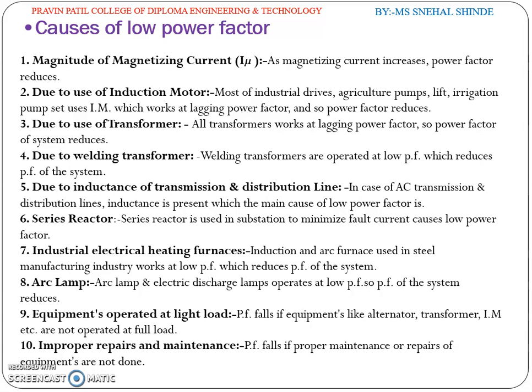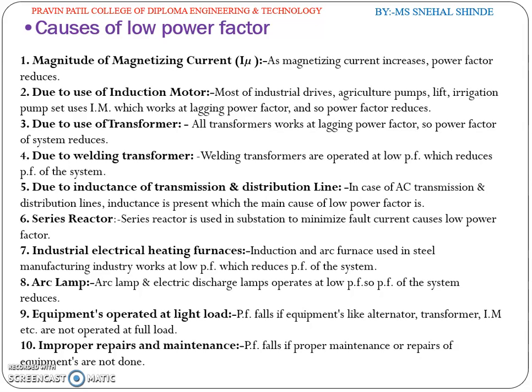Next, the welding transformers are operated at low power factor, which reduces the power factor of the system. Next is due to the inductance of the transmission and distribution line.